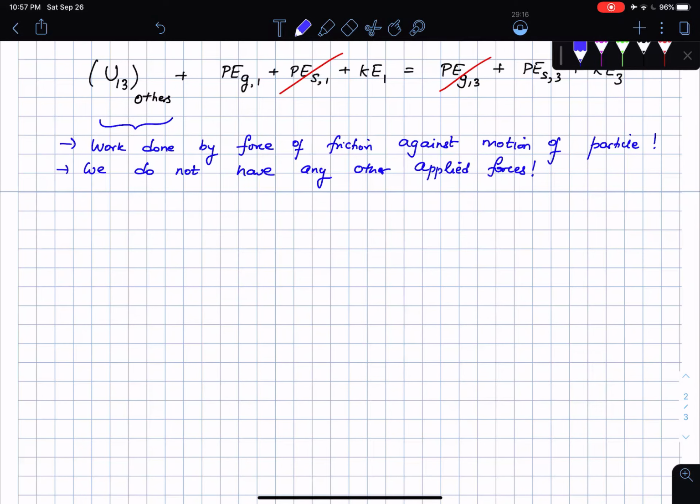Okay, so let me look at my inclined surface again. Let me draw two things. The first thing is at any point between position 1 and position 2. Then I'm having position 2 and then position 3. So here is the basic idea.